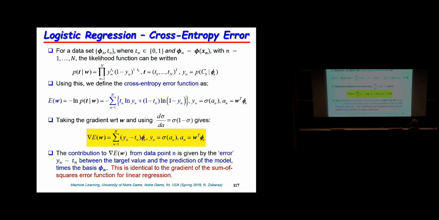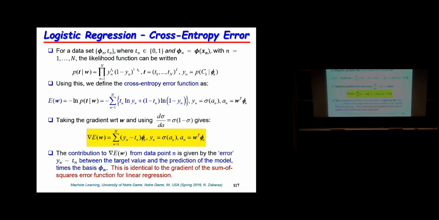So if t_n equal to 1, you only get this. If t_n equal to 0, this gets 1 and this gets 1 minus y_n. Okay? So if you take logs of this, you get the very famous loss function, which is the cross-entropy error function. That comes in millions of different settings in machine and deep learning.